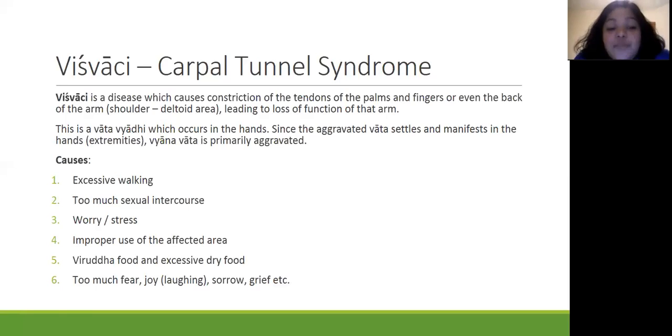Viruddha food, here again. Now we're starting to see why Viruddha food is so important and how it is actually a direct causative factor for the production of disease. Prior to this, we had learned about incompatible foods and why they're not good for us, and we looked at this massive long list of things that we should avoid.